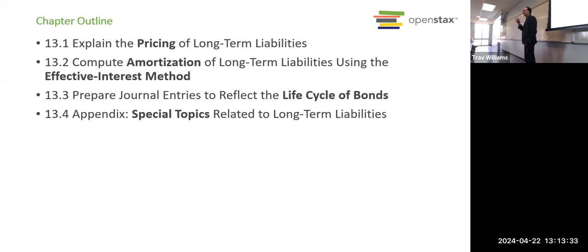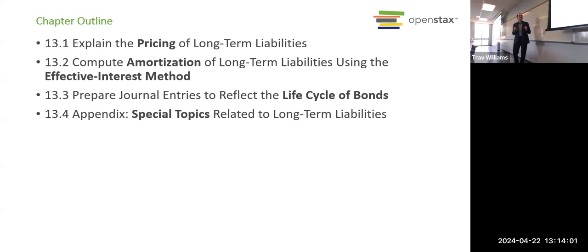There's a simple way to do it. Basically a straight line amortization where it's the same amount, but there's also an effective interest amortization that's used very commonly. It is complex. We're going to go through it step by step. I would recommend take notes when we get to that, because when you have to do it on your own, you really want to know what you have to do in every step.